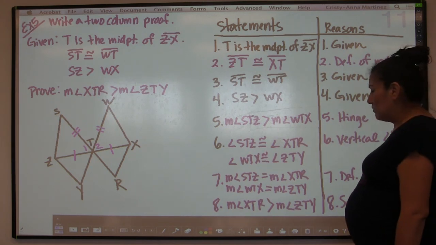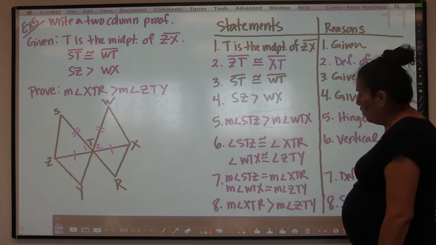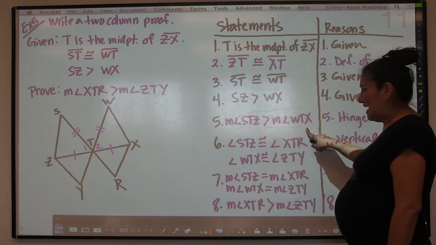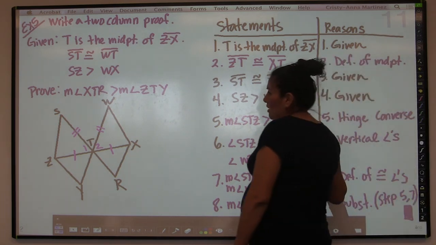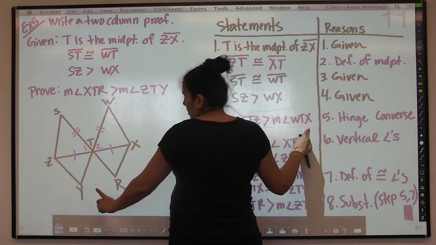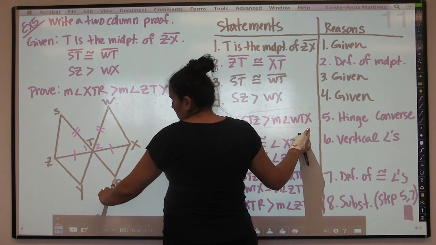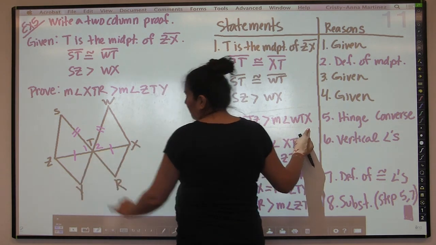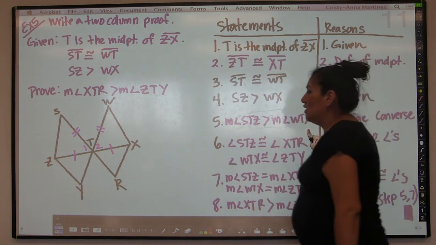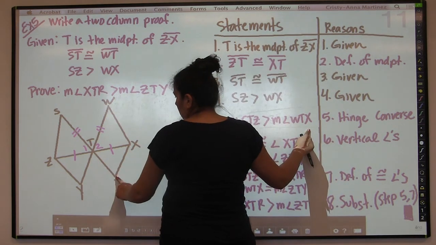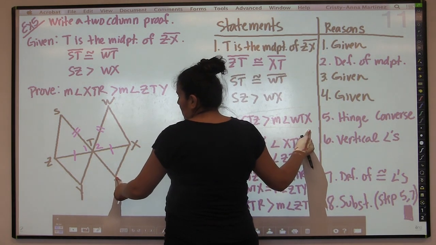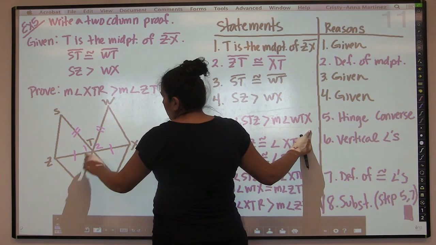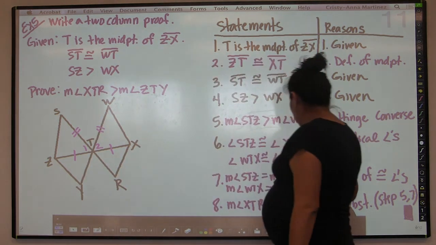And then lastly, I'm going to use substitution because I know that STZ is greater than WTX, but the angles that I'm trying to prove bigger are XTR, which is not those two angles. XTR is this angle here and this angle there. So I have to use substitution. So I'm going to replace XTR with STZ, and I'm going to replace ZTY with WTX, and that's what's happening here.